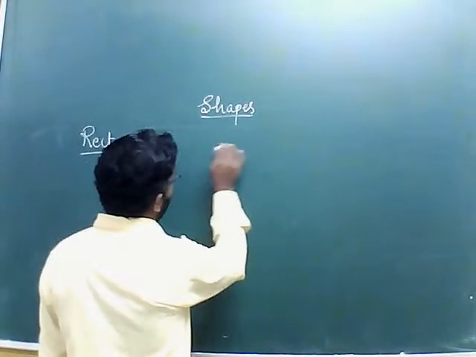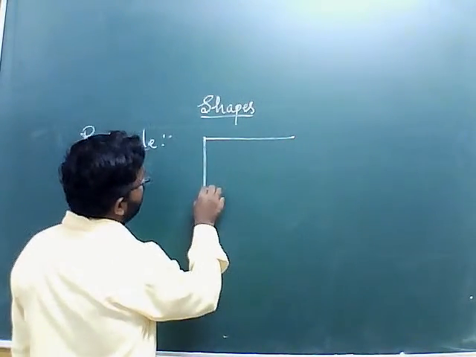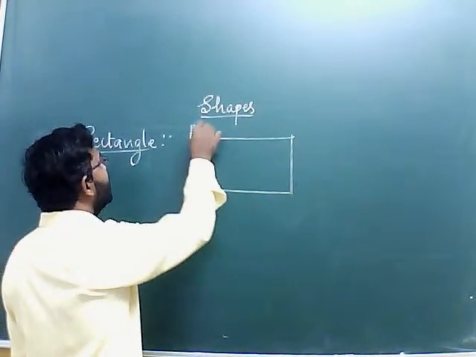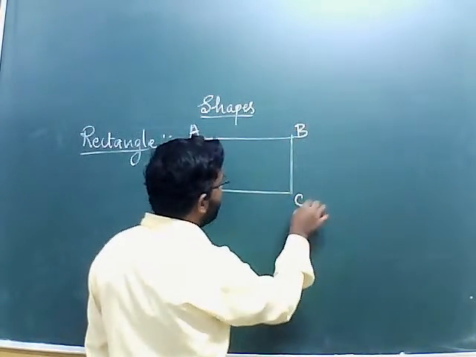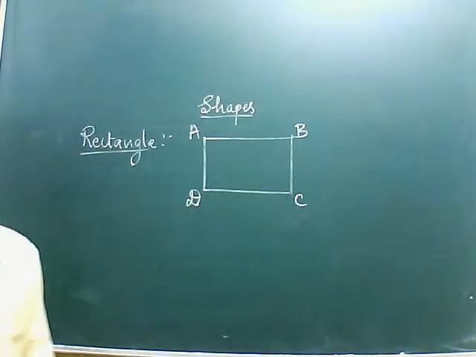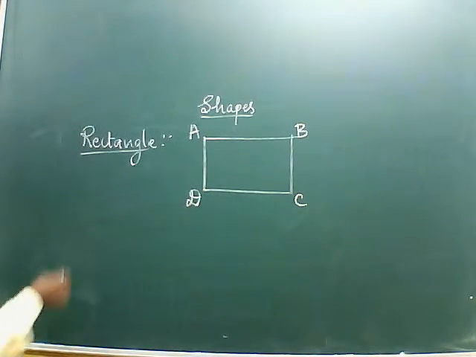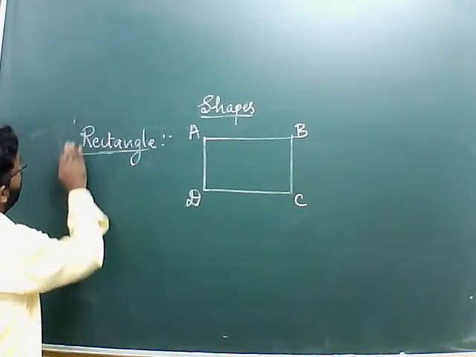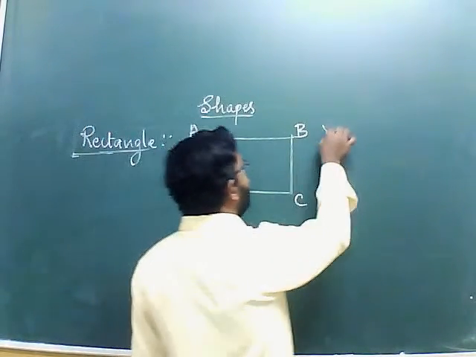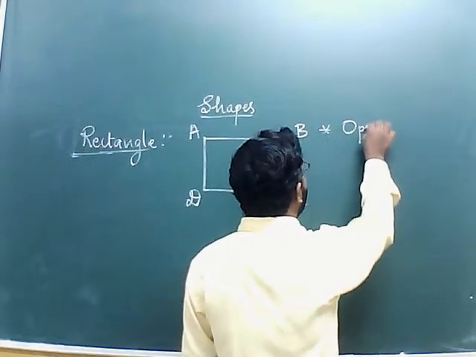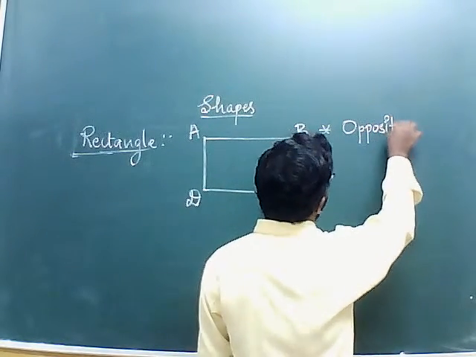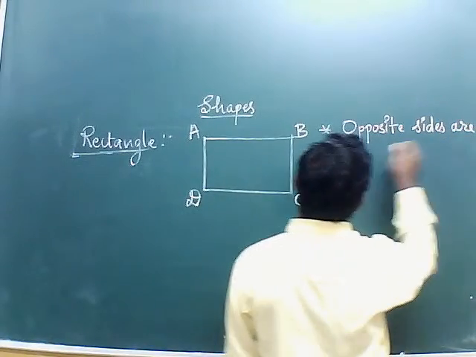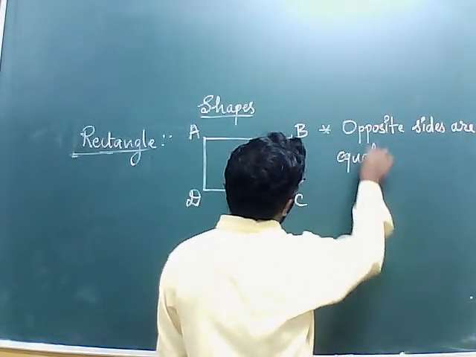Let's draw the rectangle and name it A, B, C, D. In this rectangle, the main point is that opposite sides are equal.